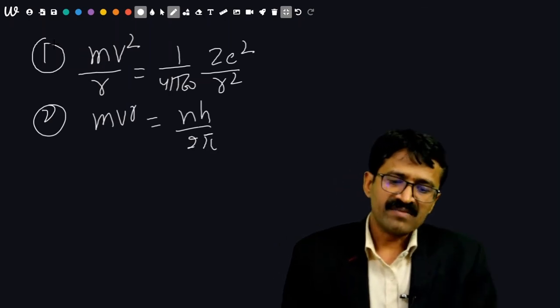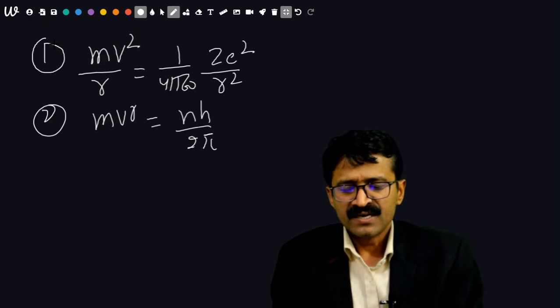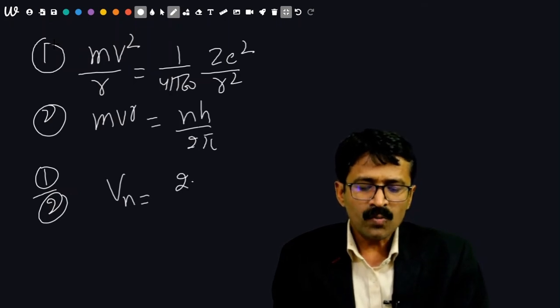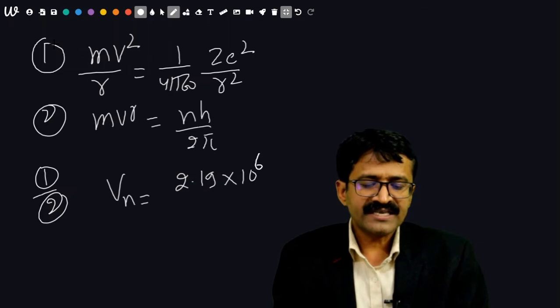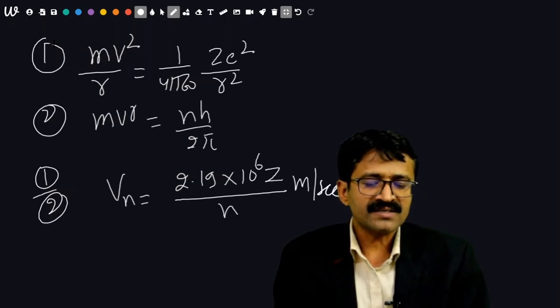Let us divide them to get the value of orbital velocity. First divided by second. You will have orbital velocity Vn is equal to 2.19 into 10 to the power 6 Z upon n meter per second.